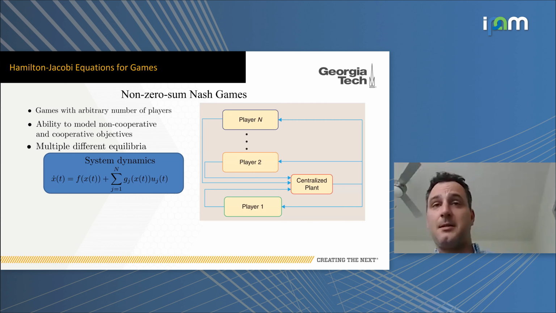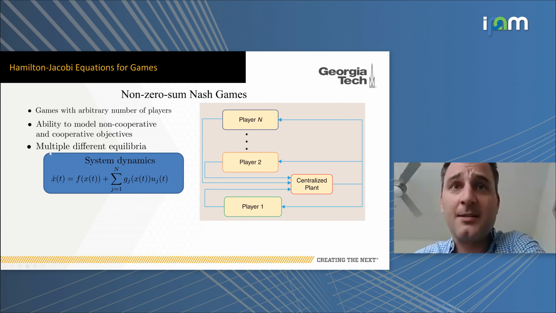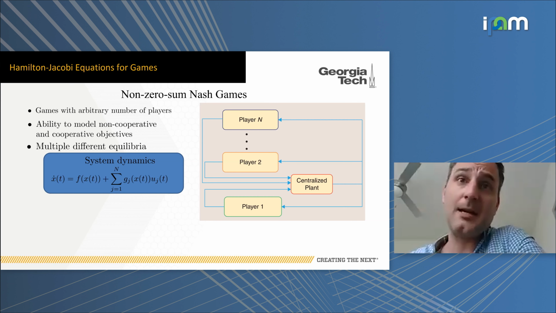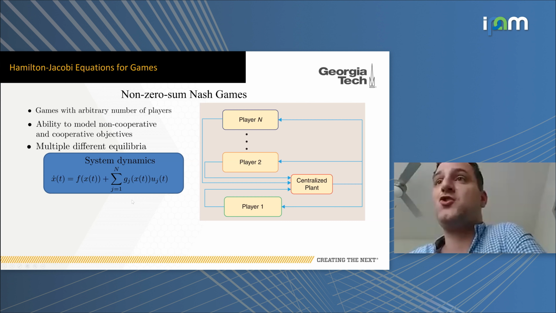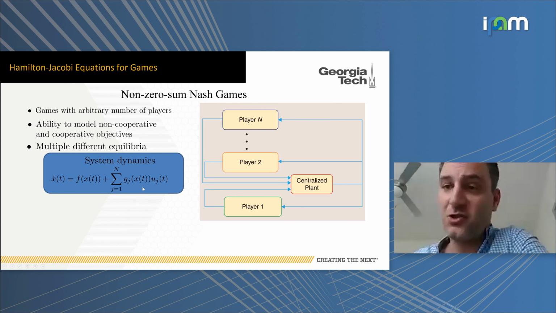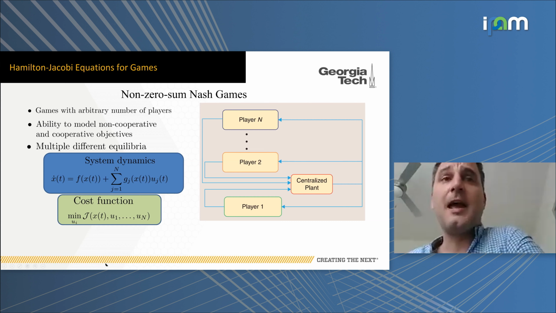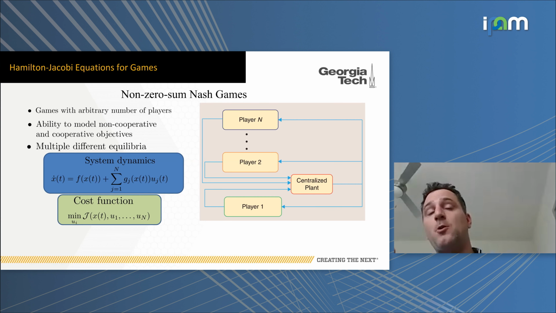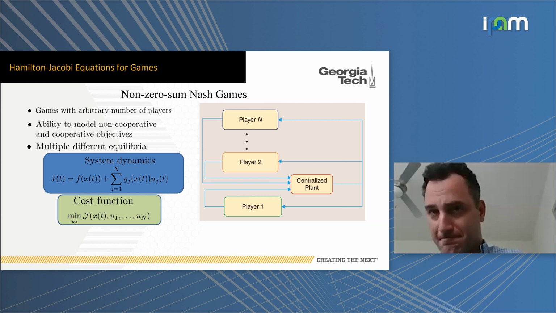Okay, so here are my dynamics. Here your U, you don't know if it's actually a minimizing or a maximizing player. And again, f(x) and g_j(x) are nonlinear functions. Now every player has its own cost function. Here I missed the index i in my J. Every player will minimize its own cost function, and then eventually I will converge to a Nash equilibrium.